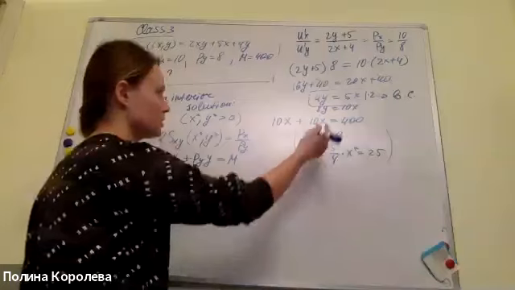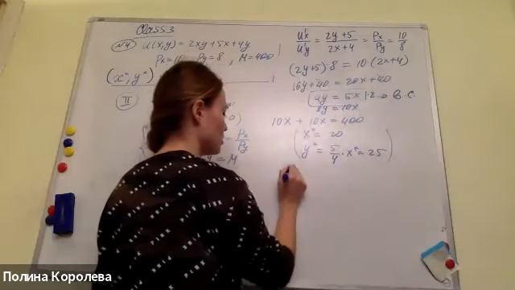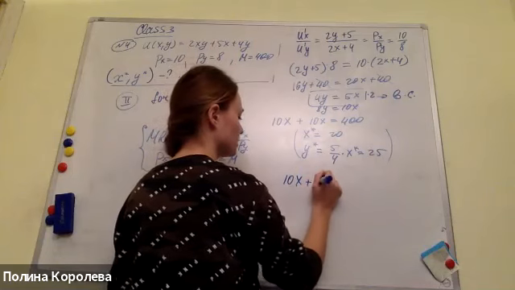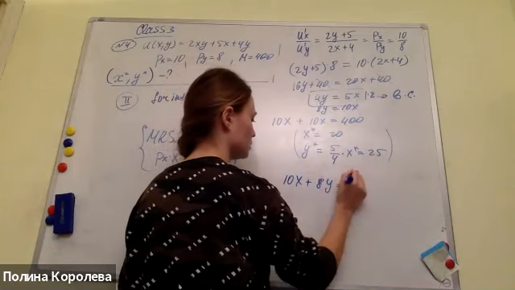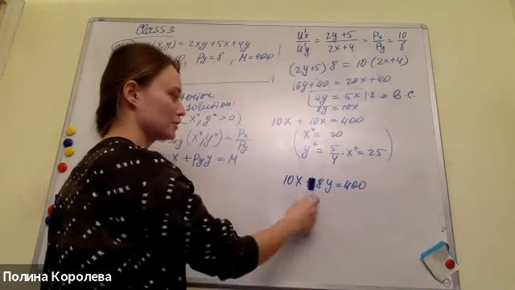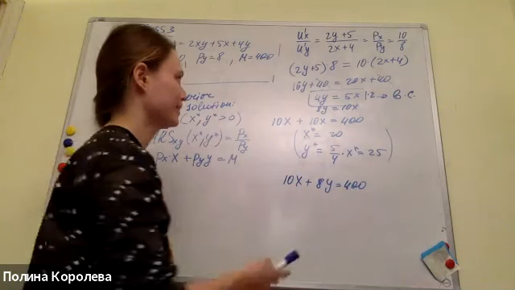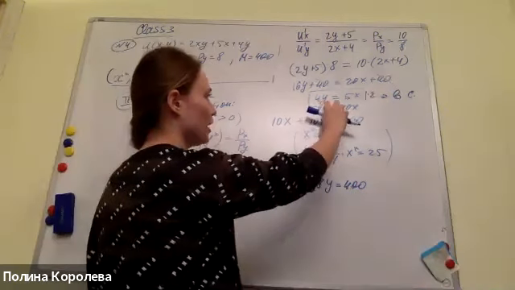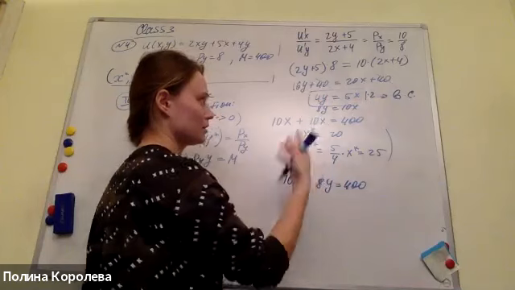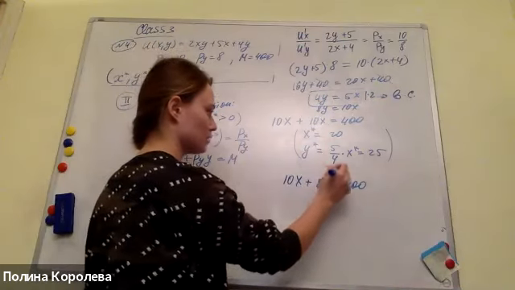Why should we do this? To put it into the budget constraint for simplicity, because our budget constraint is 10x plus 8y equals 400. So instead of 8y, I wanted to write something with x. So I know that 4y is 5x, so 8y is 10x. And that's all. So instead of 8y, I write 10x.